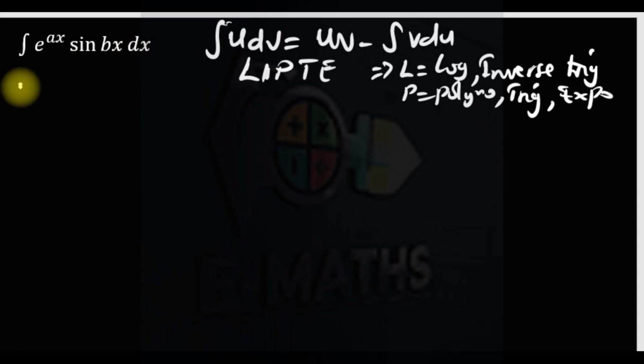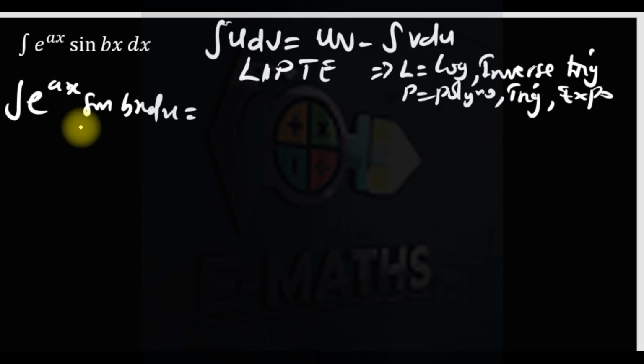So I'm saying that the integral of e^(ax) sine bx dx is now equal to: my u is sine bx. I'm using this formula. If u is that, dv is e raised to the power ax dx, and v is the integral of this.